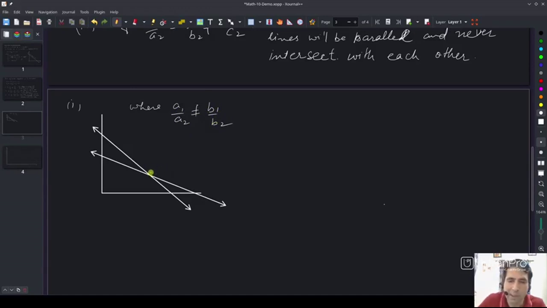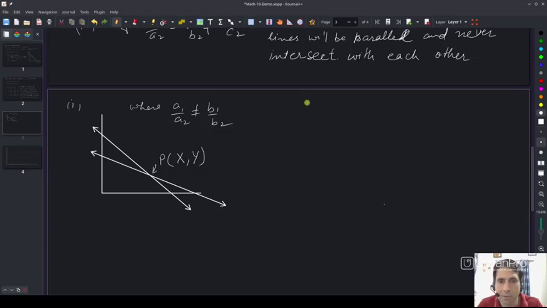So these two lines meet at a point, say P, and this point is the solution of the equations, or the linear pair of the equations.